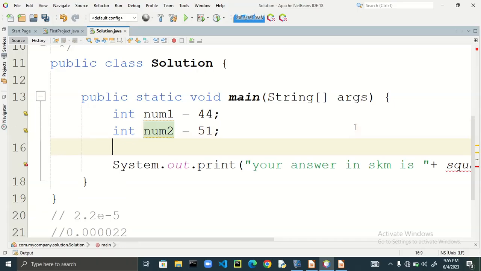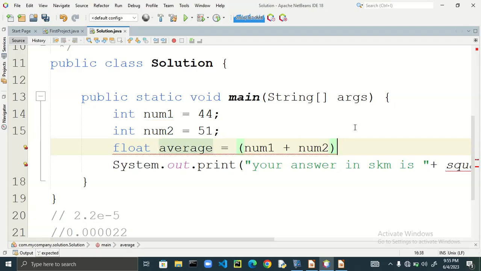And now we are sure if we try to divide this, we might get a number that has a decimal place. So I would use a float this time around, float, and then I would say, let's use average here, equal to, you're going to sum this num1 plus num2, and then you're going to divide using this slash by 2.